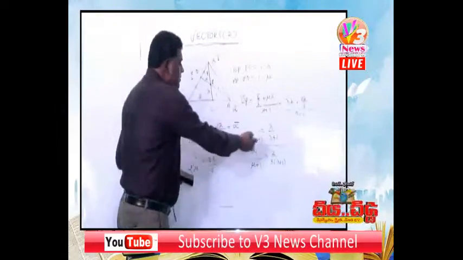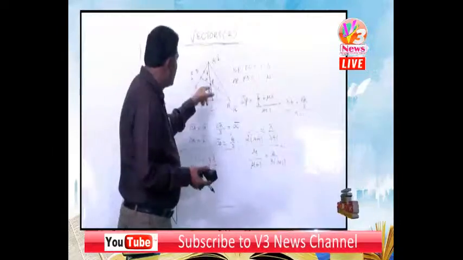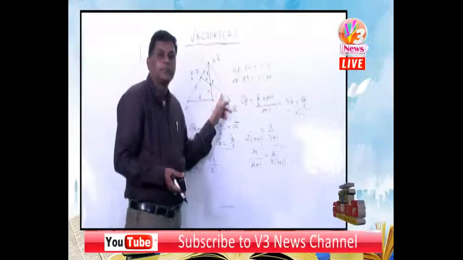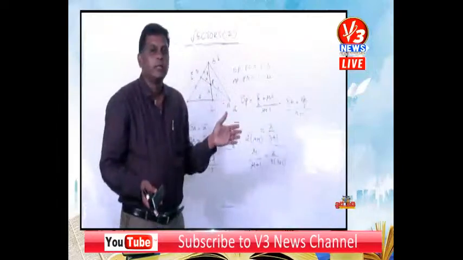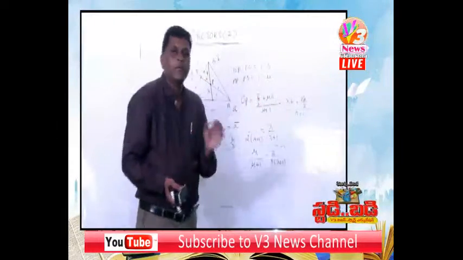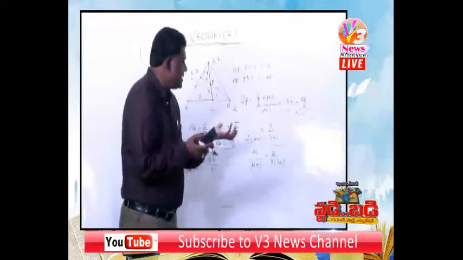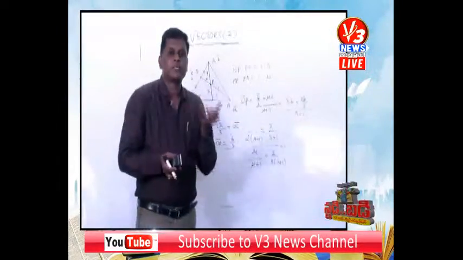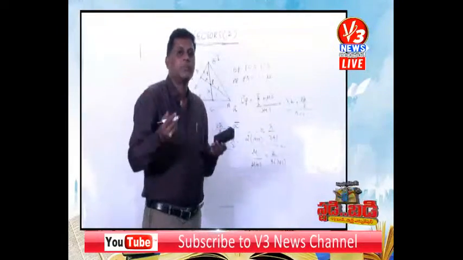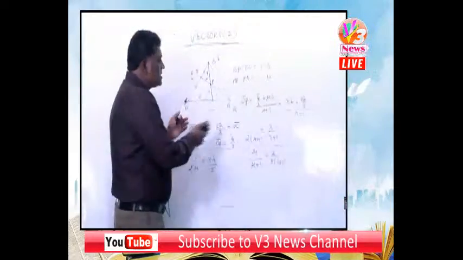Eliminate the mu values, and this gives the lambda value, and we get the ratio. If you put lambda and mu in this, everything will come back in terms of A bar and B bar. I told you already that this requires a little bit of calculation, just a physics test. That's why I told you to expect this in the main and advanced level exams. So this is the way to approach this section.